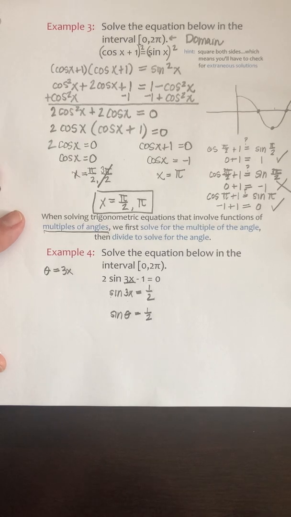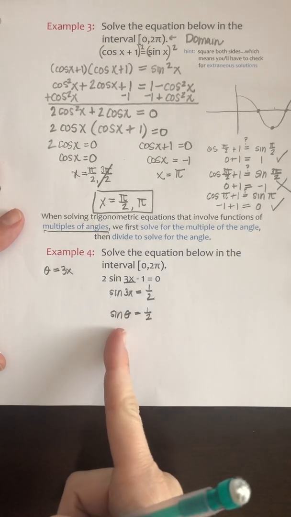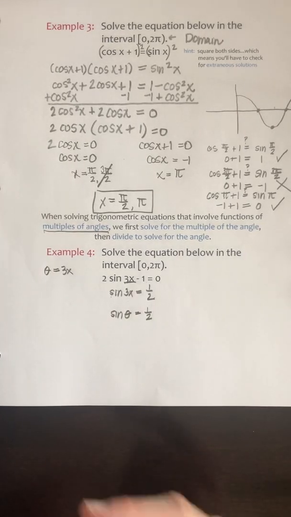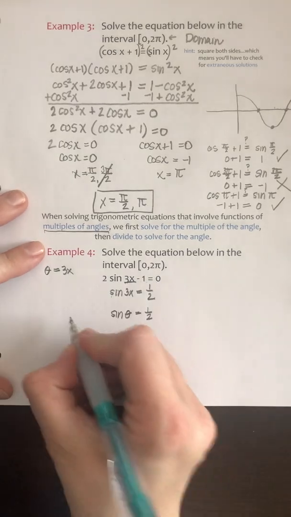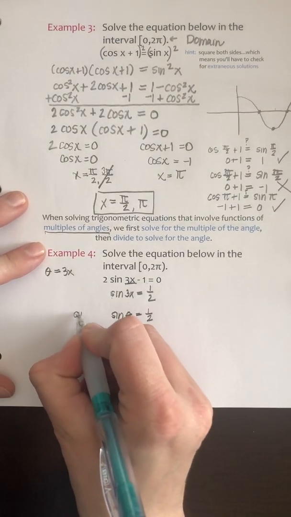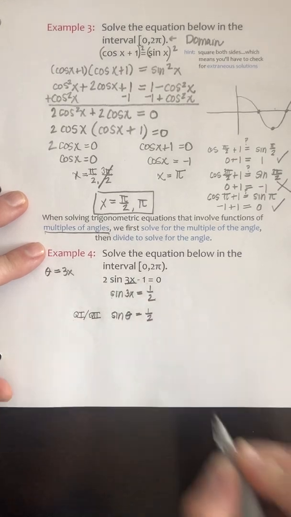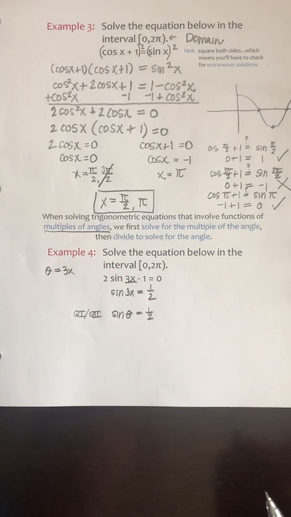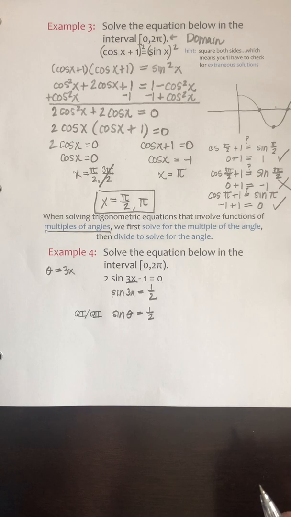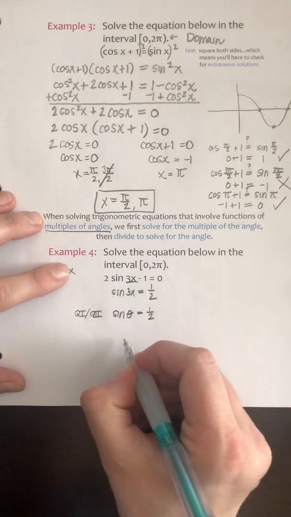So our minds need to be thinking about where would this occur, okay? Does that make sense? So we could get quadrant 1 and quadrant 2. That's where sine would be a positive value. Now where exactly would that occur?